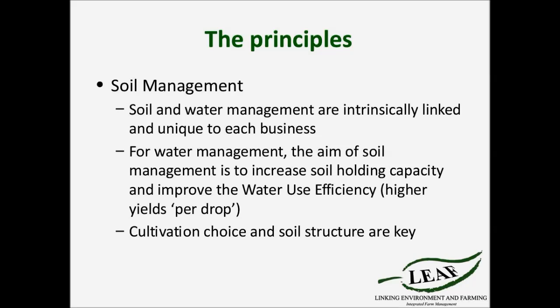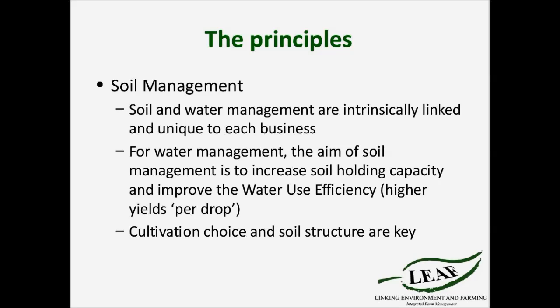Soil and water management are intrinsically linked and unique to each business. This is really key in aiming to increase the soil's water holding capacity, improve water use efficiency, get much higher yield per drop of water that falls out of the sky, and also produce a soil that has the capability to freely drain where there are severe rainfall incidences.